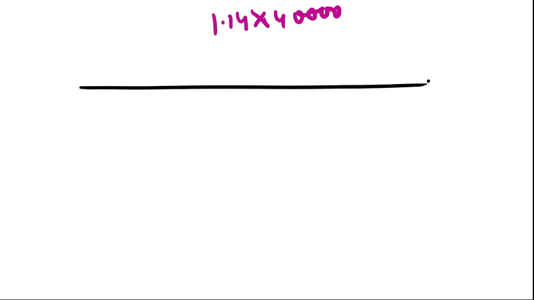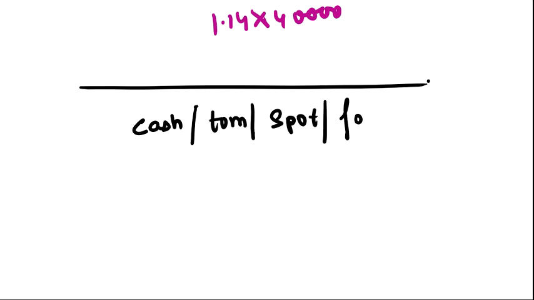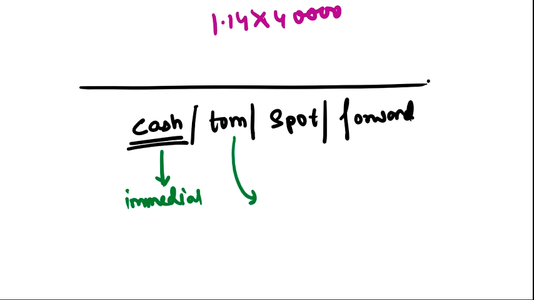Now when it comes to the currency market, there is a cash market, a term market, a spot market, and then we have a forward and futures market. Cash means you immediately give $10,000 and take the converted amount, whether INR, euros or pound. Immediate transaction. Term means today you have a contract and tomorrow it will be settled.